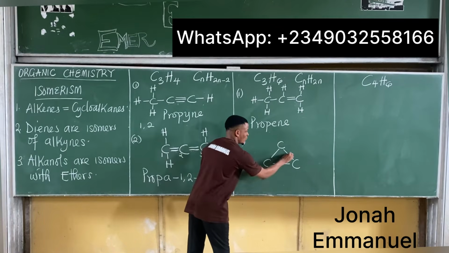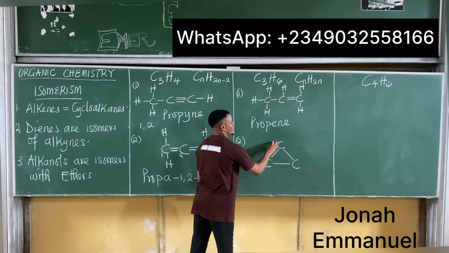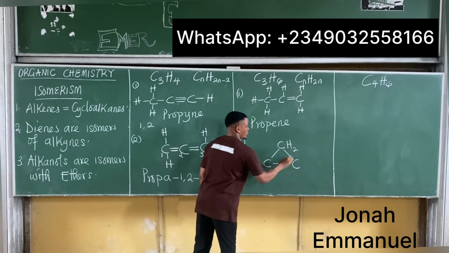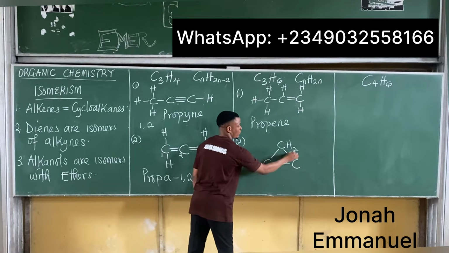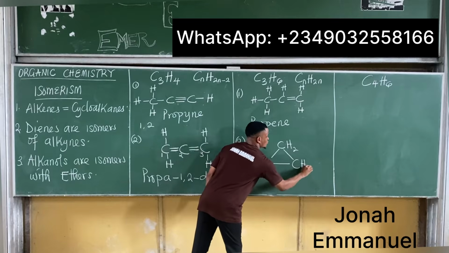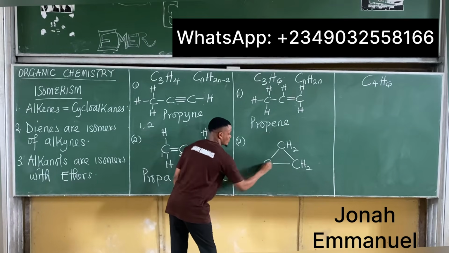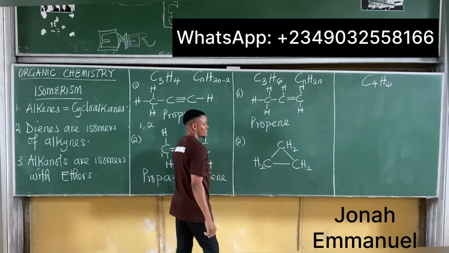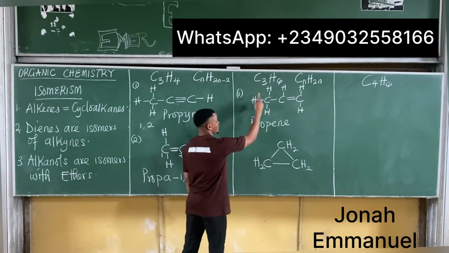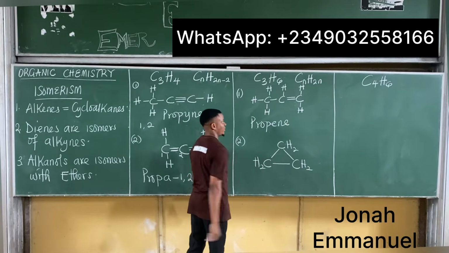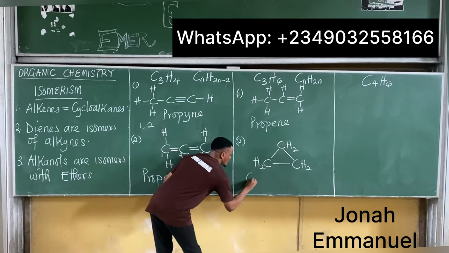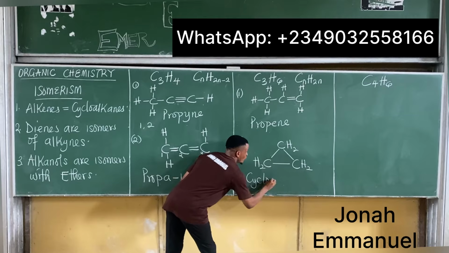Balance it up. I'm having 1, 2, H2, 3, 4. So it becomes C3H6. This compound is cyclopropane.